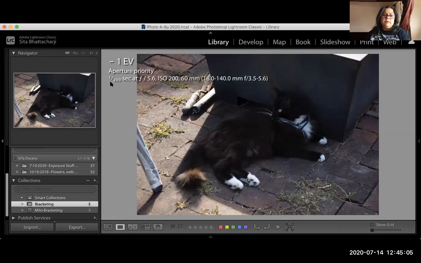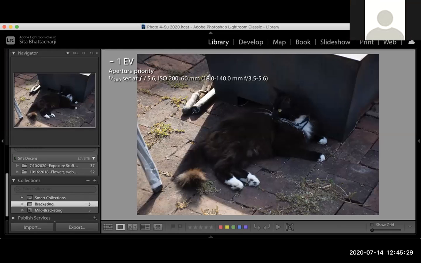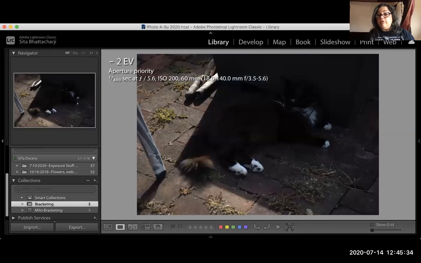And so the shutter speed has changed, starting at 1/25th of a second at +2, then a 50th of a second at +1, 1/100th of a second at normal, now 1/200th of a second at -1, and 1/400th of a second at -2. And you can see really at -2, it's just unacceptably dark.